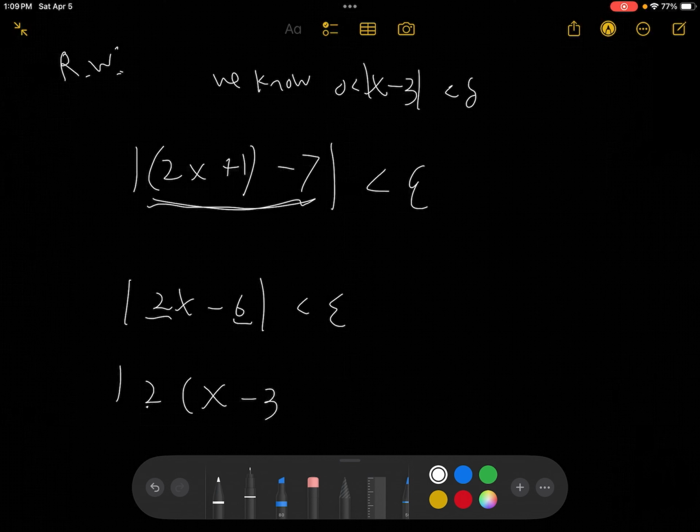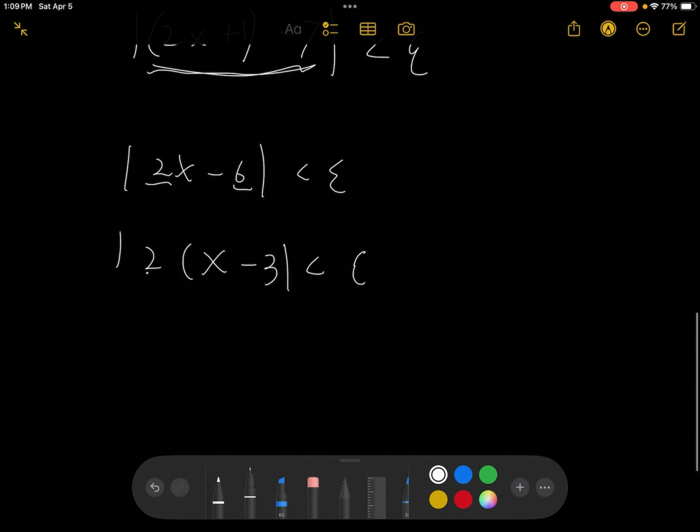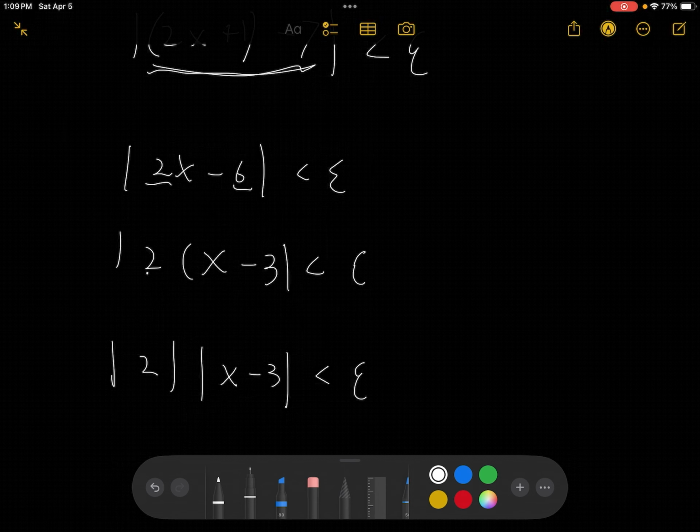So we get that the absolute value of 2 times x minus 3 is less than epsilon. Now we know that the absolute value of a product is the product of the absolute values, and the absolute value of 2 is just 2.